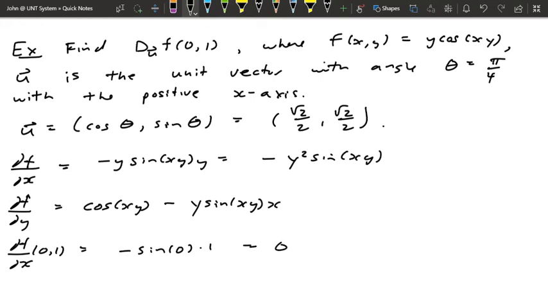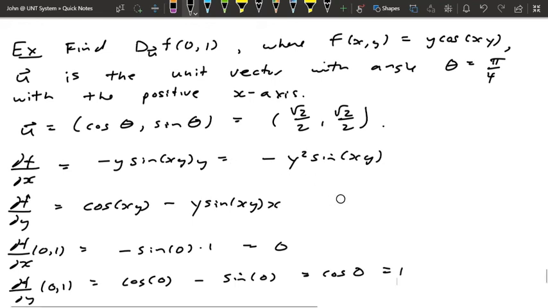So that's going to be 0. And del f del y at 0, 1: cosine 0 minus 1 times sine 0 times 1. Sine 0 is 0. So we just get cosine 0, which is 1.